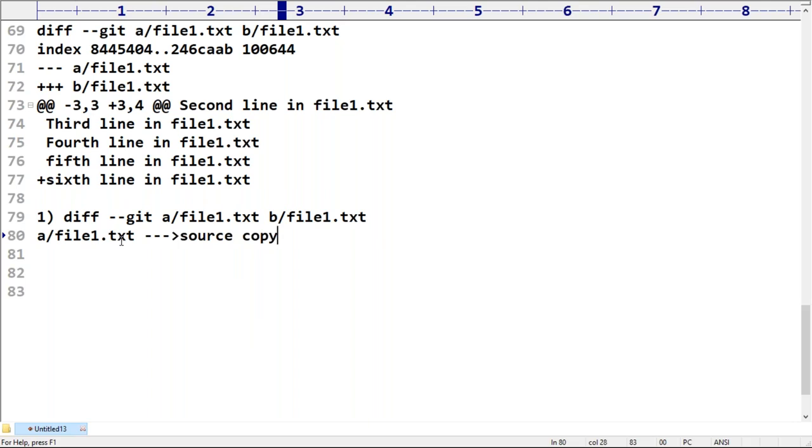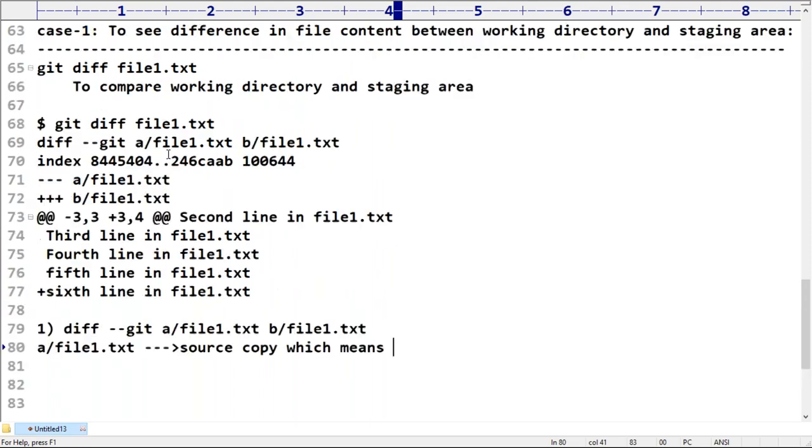Remember this one, sir. Source copy, which means, sir, you are comparing which areas? Respond. Staging area and working directory. Can you please tell which is the source copy?